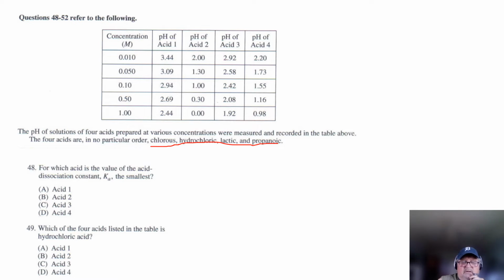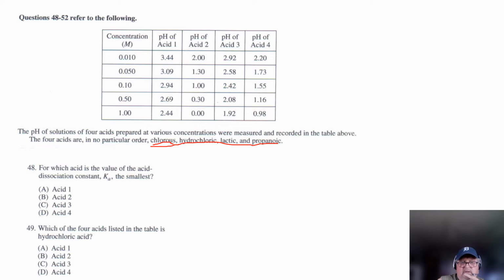Now, hopefully you know a little bit about names. If you've heard of an acid, you might have an idea if it's strong or weak. Hydrochloric acid is a strong acid. Lactic and propionic are weak organic acids, and chlorous is a lot like hydrochloric acid, but it's weaker.